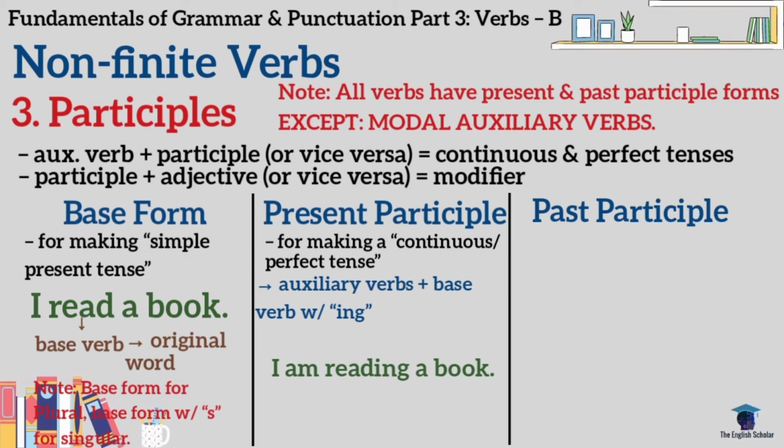And in order to make a continuous tense, we put an auxiliary verb am. Always remember, when we use present participle form of verb to make a continuous tense or perfect tense, we should always partner it with auxiliary verbs. And the choice of auxiliary verbs will vary depending on the thought intended.